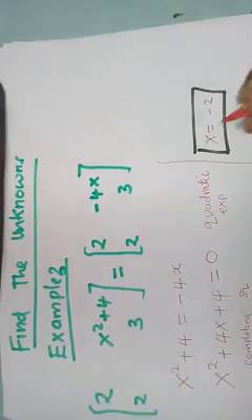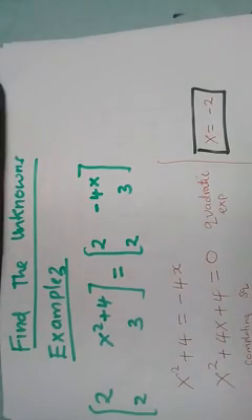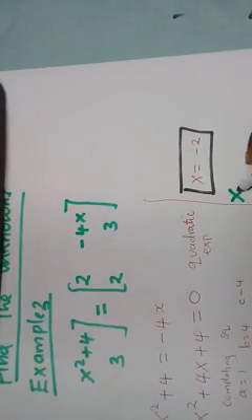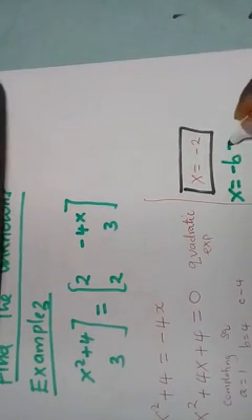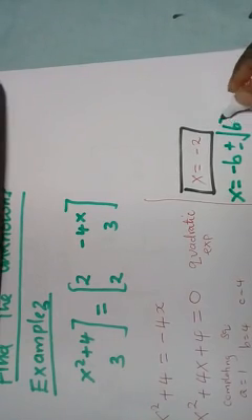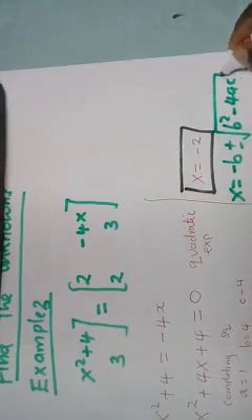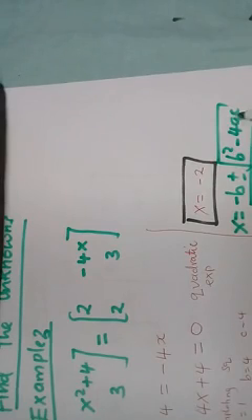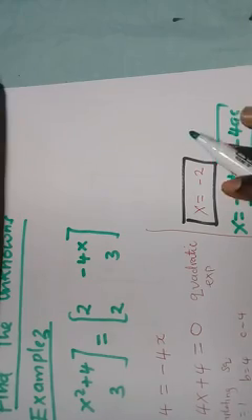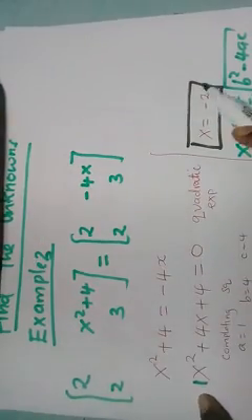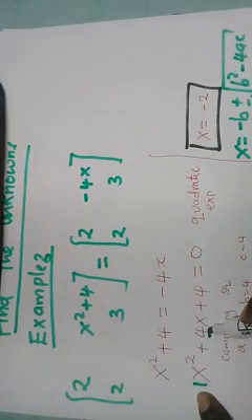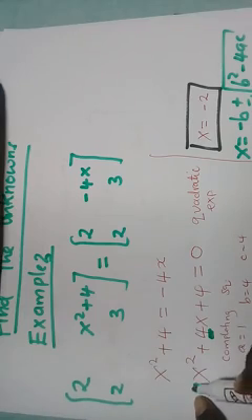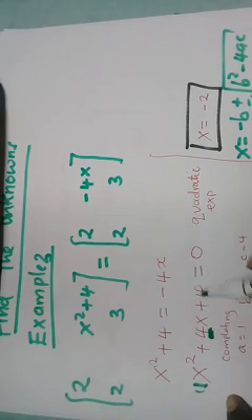quadratic formula. The quadratic formula, if you can remember from Form 3, looks like this: x is equal to minus b plus or minus the root of b squared minus 4ac, and everything over 2a. As I've told you, a is the coefficient of x squared, b is the coefficient of x, and c is the constant number here.